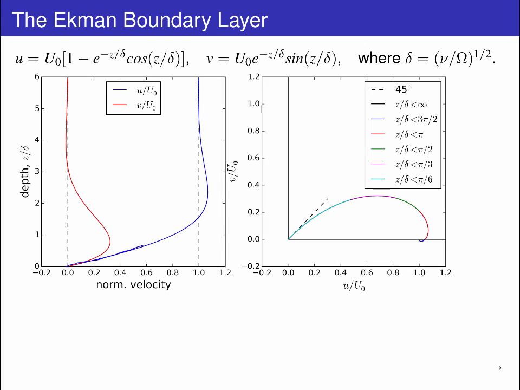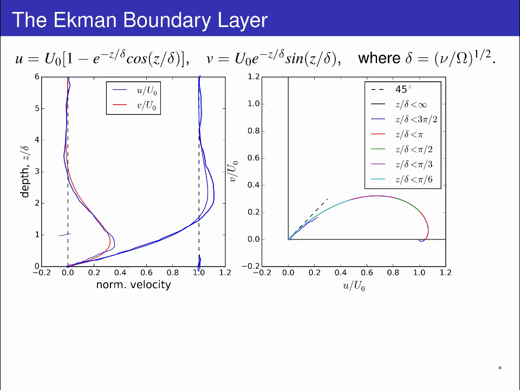Velocity in the along flow goes from 0 up to big U naught. Velocity in the across flow goes from 0 to some maximum at an intermediate depth just under 1 delta before dropping back to 0.